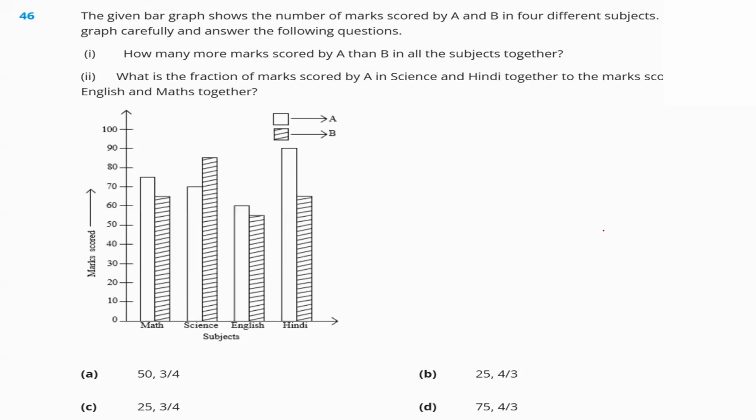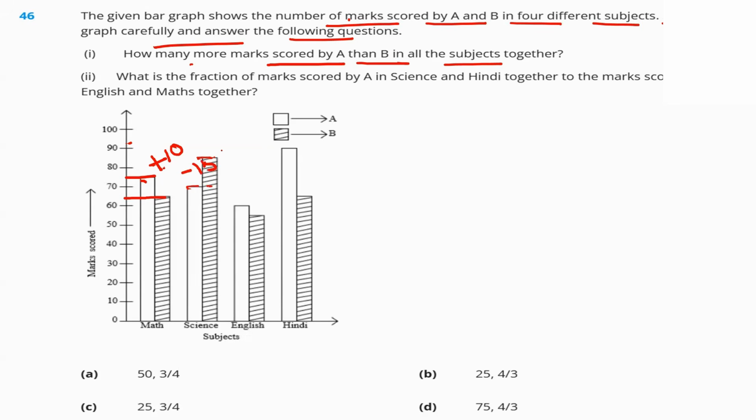The given bar graph shows the number of marks scored by A and B in four different subjects. Study the graph carefully and answer the following questions. How much more marks scored by A than B in all the subjects? If we just check, this is 75 in maths for A and 65 in maths for B. So A has scored more. How much? 10. Now, if we check this one, this is 85 and 70.